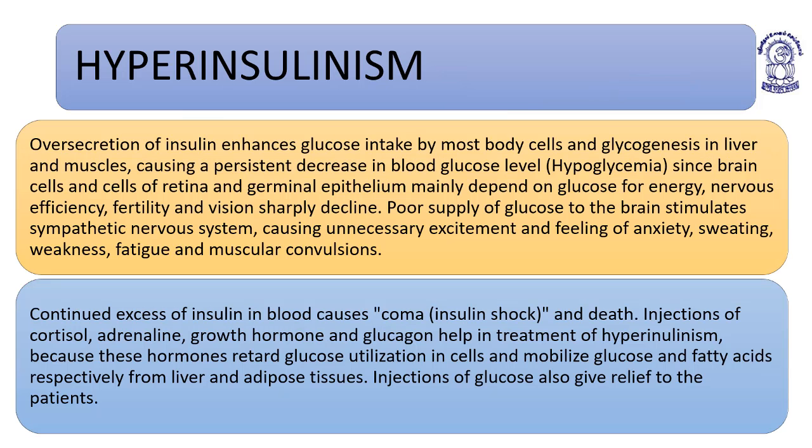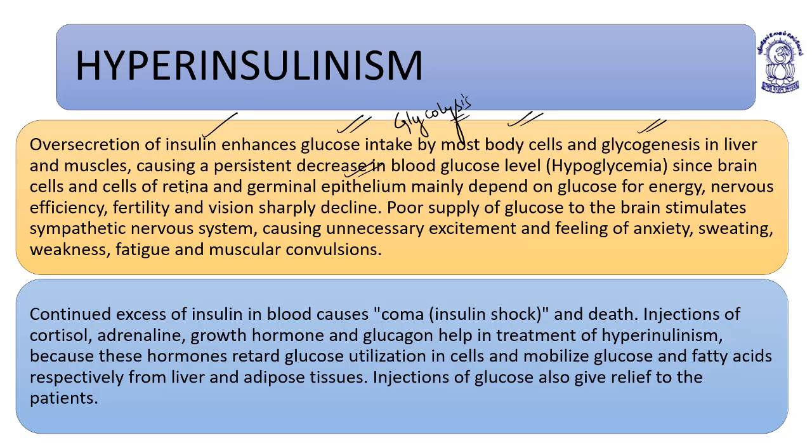Now hyperinsulinism. Oversecretion of insulin enhances glucose intake by most of the body cells. It enhances the uptake of glucose, that is glycolysis, and glycogenesis, the formation of glycogen in liver and muscles, causing a persistent decrease in blood sugar level, hypoglycemia.